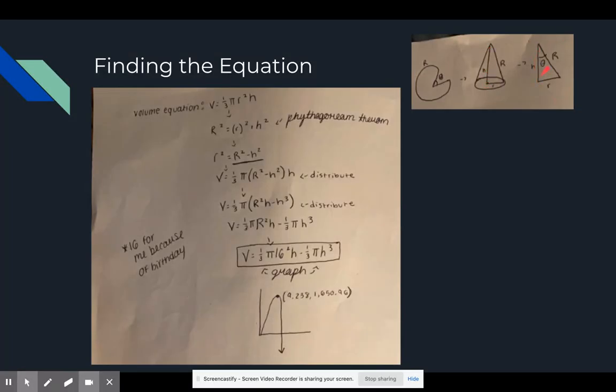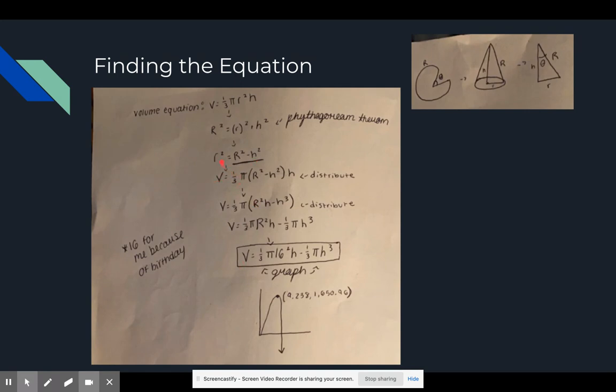So for this, R squared, which is the hypotenuse, equals the other r squared plus the height squared. When you rearrange this, because we're solving for this radius, lowercase r squared equals uppercase R squared minus the height squared.